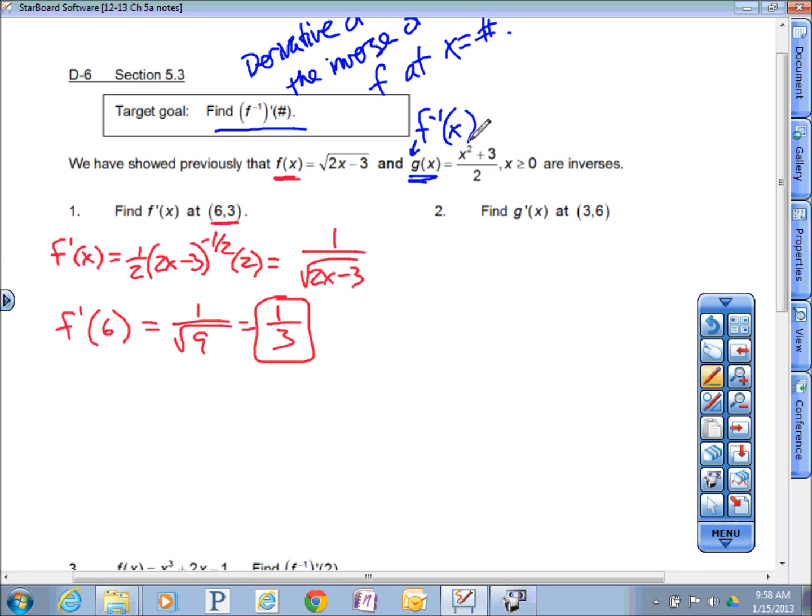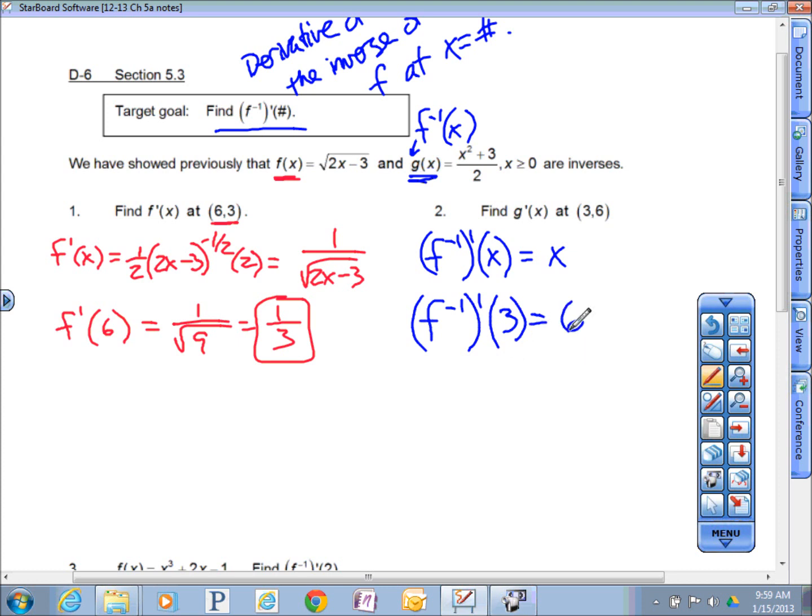Let's find f inverse prime of x. Well, if I take the derivative of 1/2 x squared plus 3, I think that's going to ultimately end up just being x. So what is f inverse prime of 3? I'm going to end up with 6.